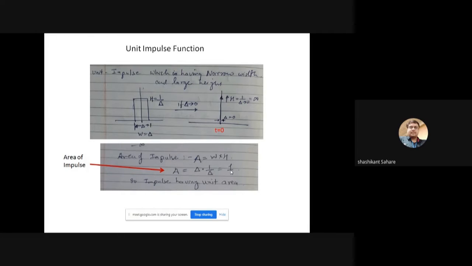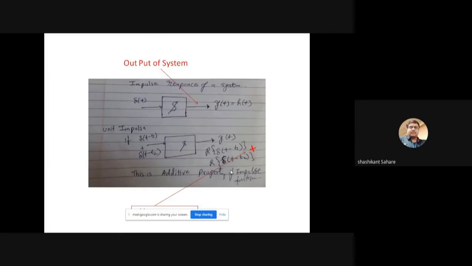Now one more thing I would like to add here: the unit impulse function or unit signal is sometimes also called a standard test signal. Why is it a standard test signal? Let us consider a system.